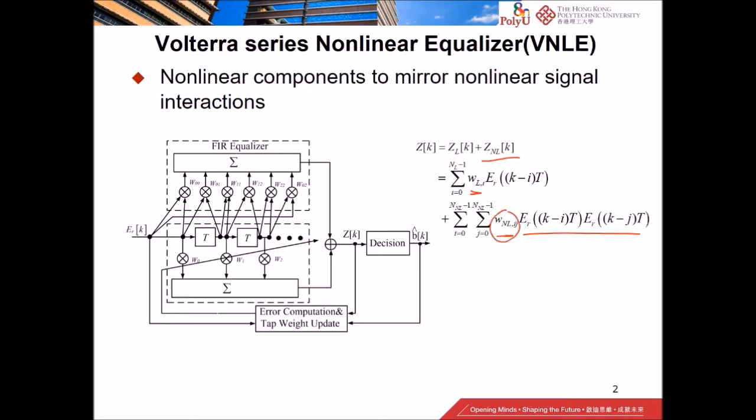Now for all these equalizers, we would need to find the right weights, the W, so that we can obtain a good signal output for decision. How do we typically obtain these values of the tap weights?